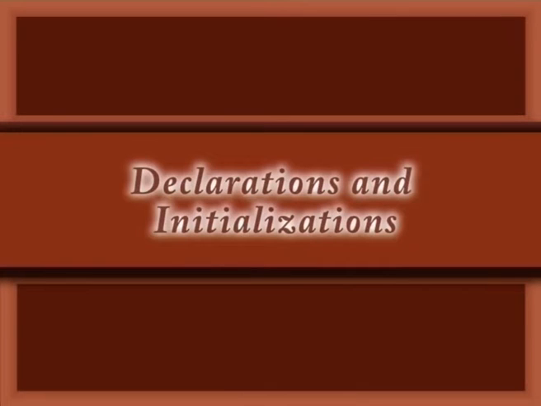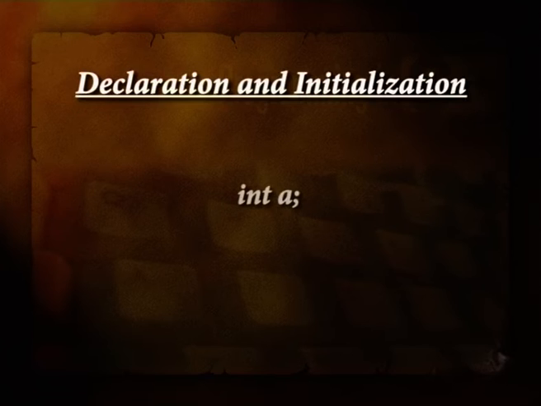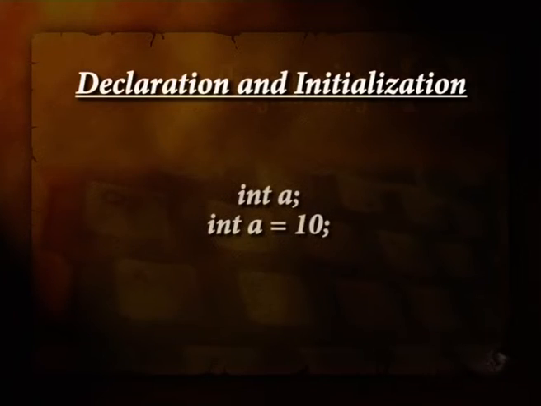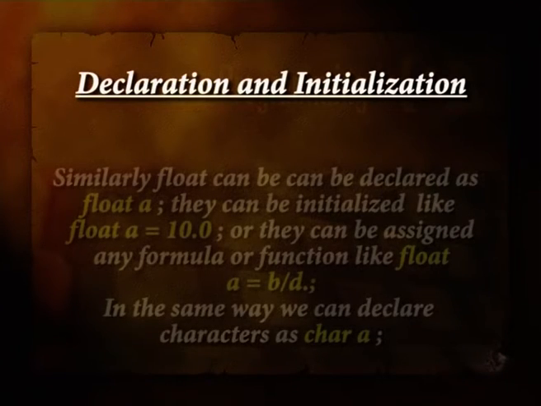Declarations and initializations. Variables are declared with or without initialization. For example, integers can be declared as int a. They can be initialized while declaration also, like int a equal to 10, or they can be assigned any formula or any other variable like int a equal to k.